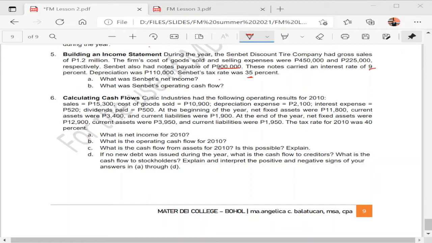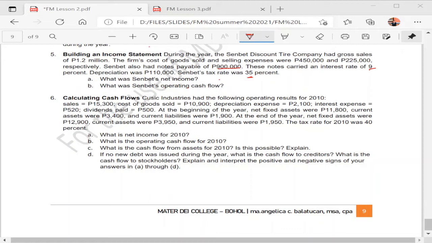Okay, so there are two ways to compute. The first way is you sum up the cash flow to creditors and the cash flow to stockholders. But you can solve for that actually.